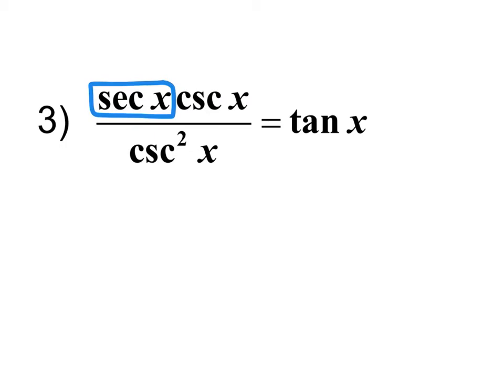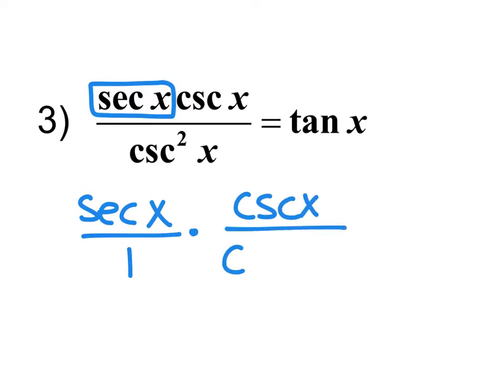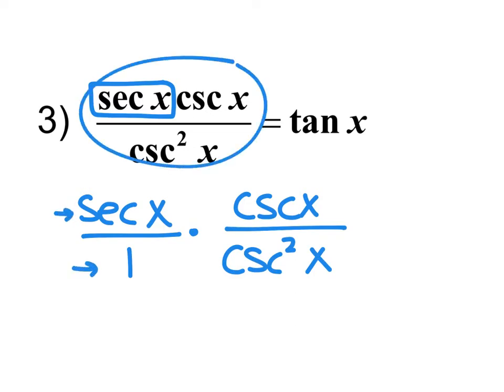I'm just going to take the secant and put it over 1 times cosecant x over cosecant squared x. Now I don't need to do this with a common denominator because it's being multiplied. If I multiplied this back together, I would multiply across the top and across the bottom and get back to my original problem. So I'm good right now.